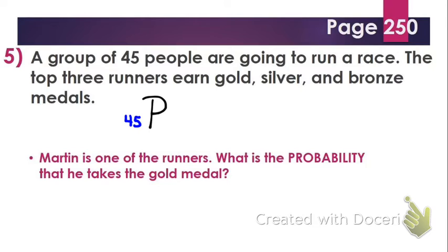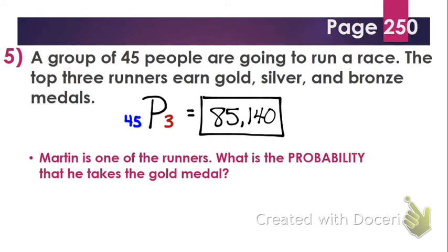It might not matter to us, but they're going to be treated differently on that stand. And then what do I have after this? 3. How many different ways did you guys come up with? 85,140 different ways that this race could turn out.